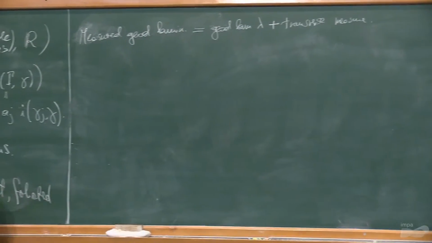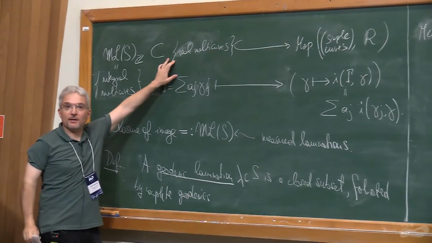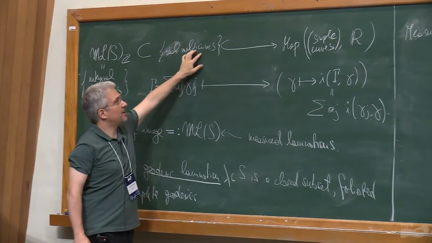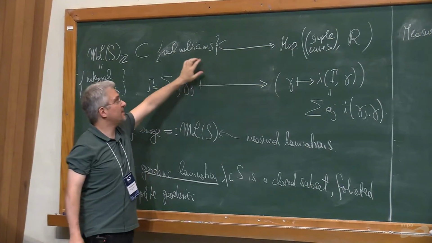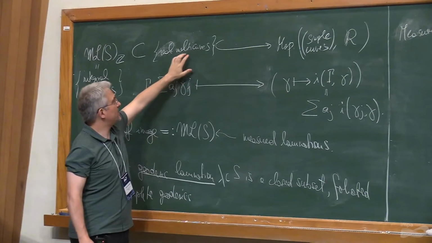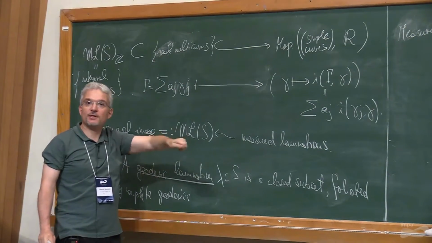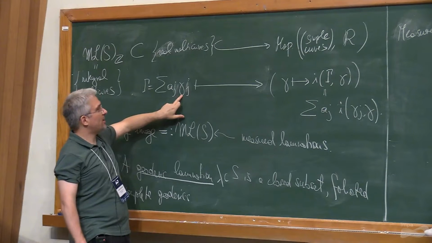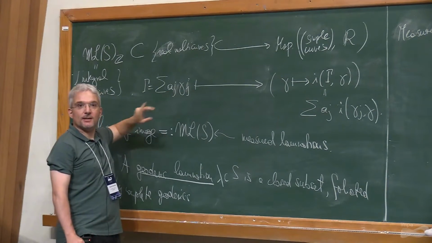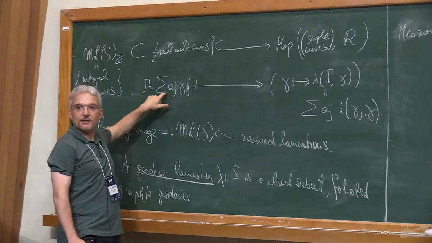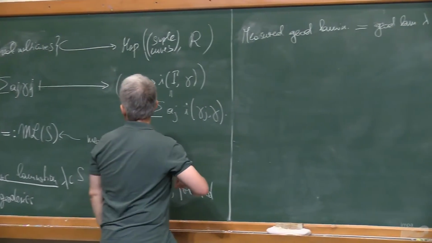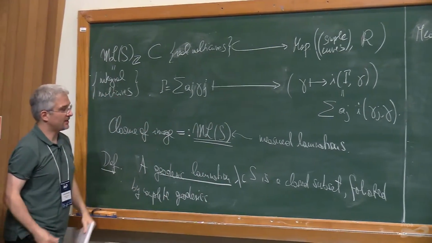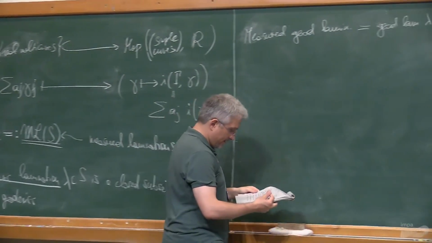So these real multicurves are measured geodesic laminations, because the curves themselves, when you take the geodesic representatives, are geodesic laminations, and the real number gives the weight for the transverse measure. So every time you cross a component gamma_j, here there is a weight a_j, then the measure gives you the value a_j. So this basically describes the closure of this space.